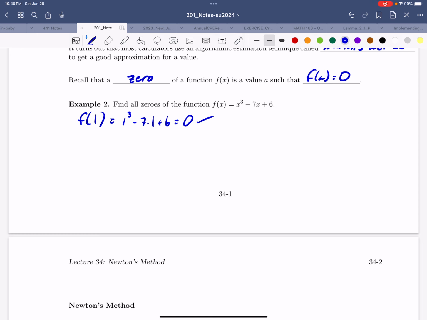Yay. f of 2 is 2 cubed minus 7 times 2 plus 6. Oh, look, that equals 0. Okay, we've already found 2 zeros. f of 3: 3 cubed is 27, minus 7 times 3, plus 6. No. Maybe f of negative 3 might work.